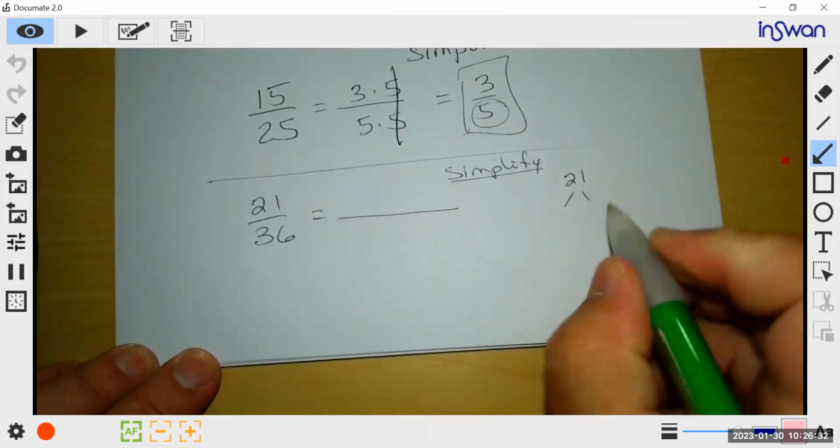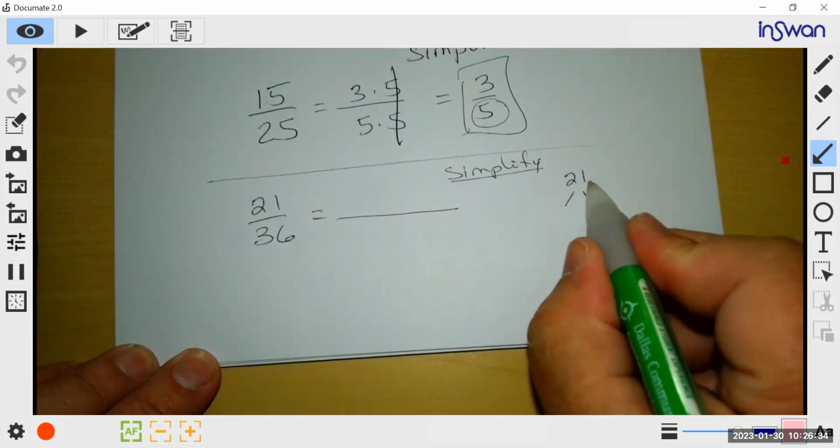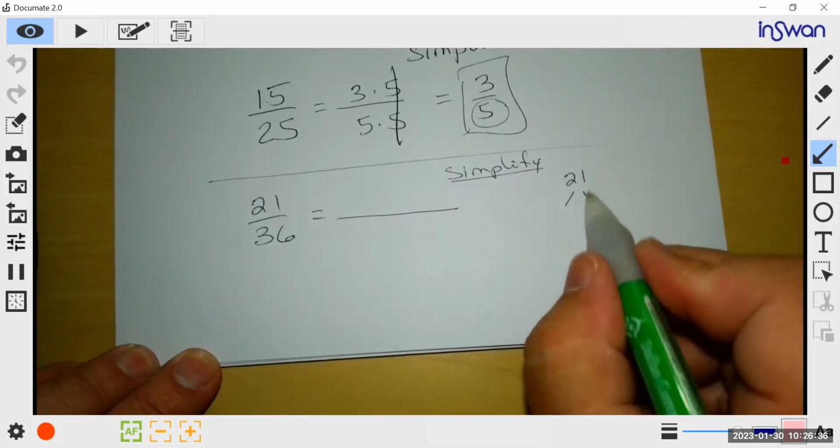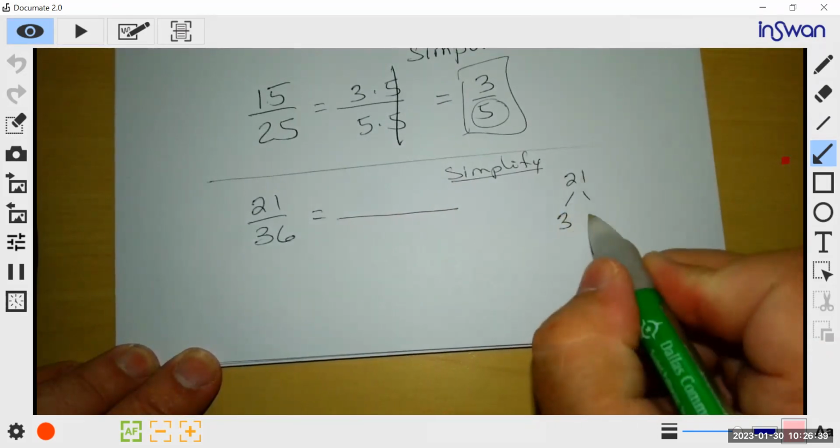Factorize it. 21: what number goes in there? 3. So 3 goes into 21 7 times.